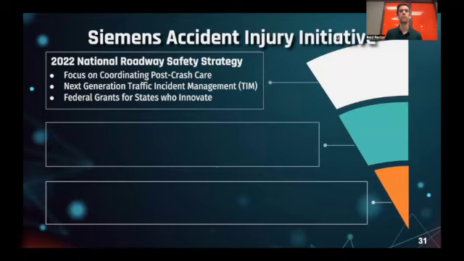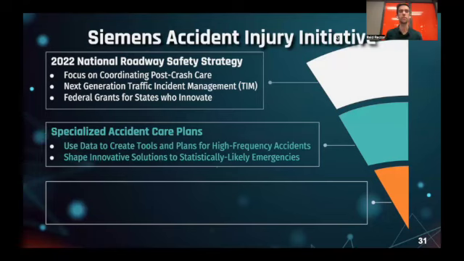And from that, we developed the Siemens Accident Injury Initiative. So, one of the big initiatives that the nation is putting together is the initiative of next generation traffic incident management, which essentially puts together all the data and communicates seamlessly between the traffic site and every single relevant partner. And there are federal grants in place for states to initiate through the Prevent Roadside Deaths grant.